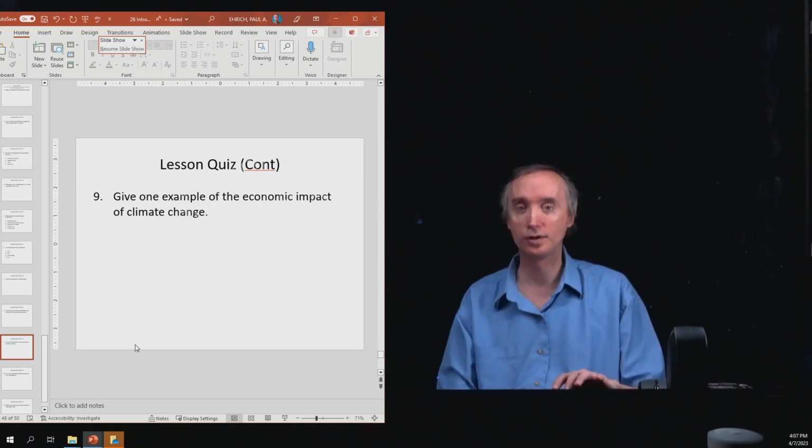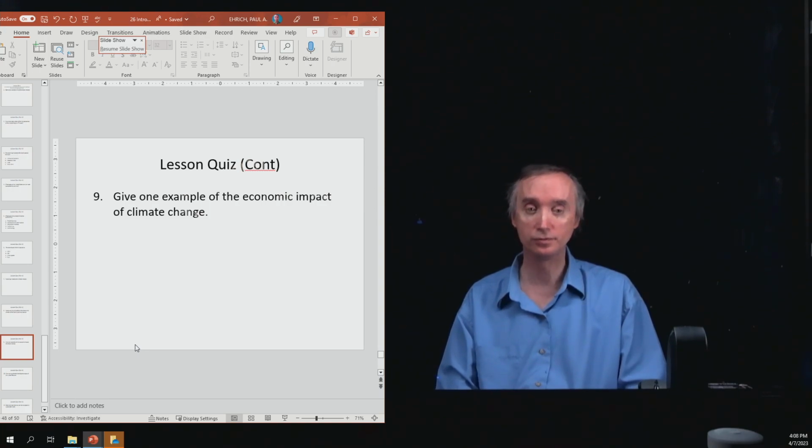Okay, question number 9. Give one example of the economic impact of climate change. So if you have a lot more storms, you have a lot more tornadoes, which means there's going to be more damage. So insurance rates are going to go up as a result of that. We mentioned there could be more wildfires, for example.